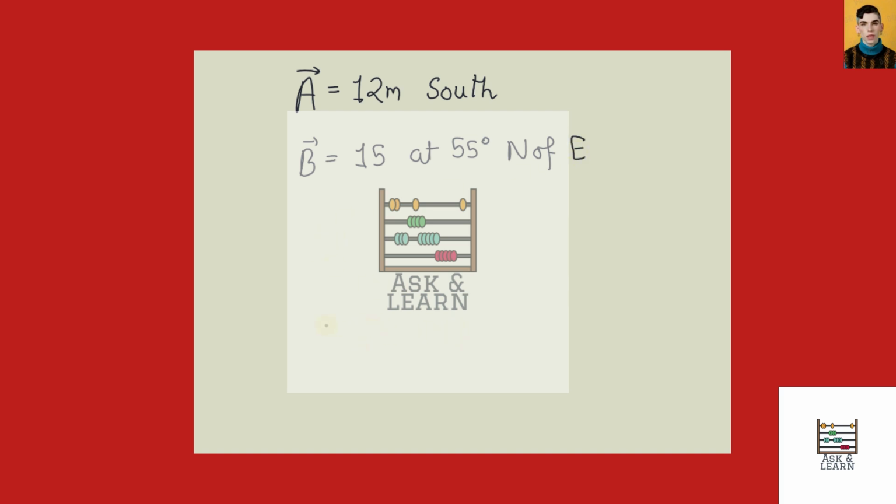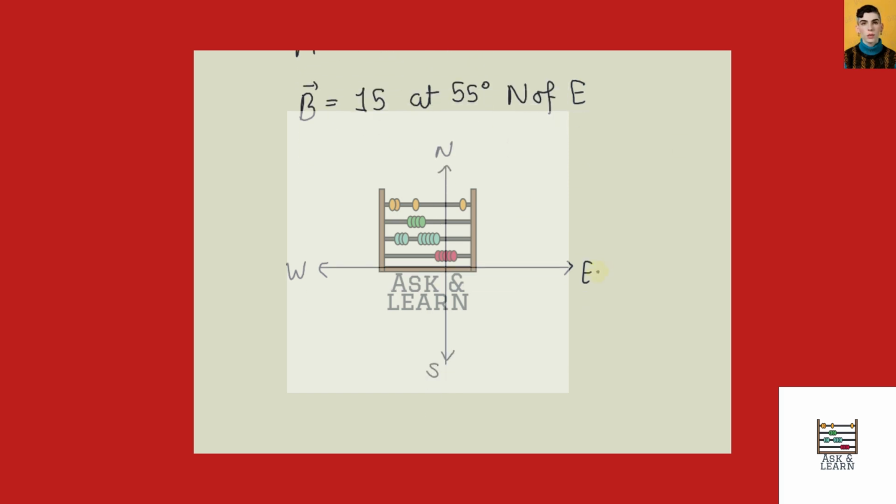So graphically it will be represented in this way. We have this coordinate system which we will adopt over here. This is the east, this is north, this is south, and this is west. Then this is the x direction and this is the y.